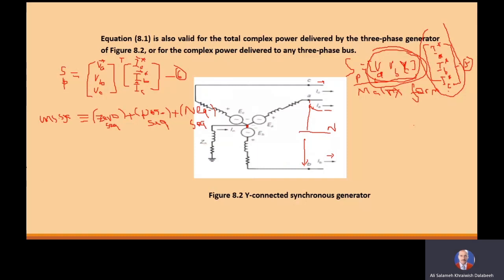If the system is asymmetrical, then we replace this system by three systems: the zero sequence system, the positive sequence system, and the negative sequence system.